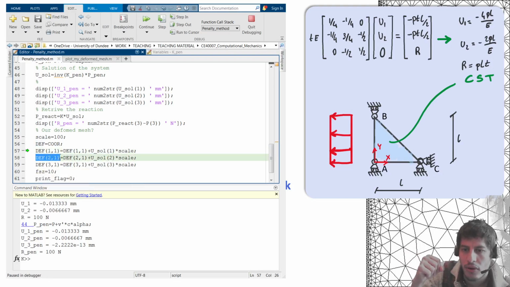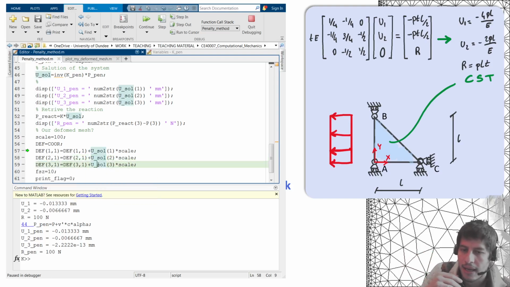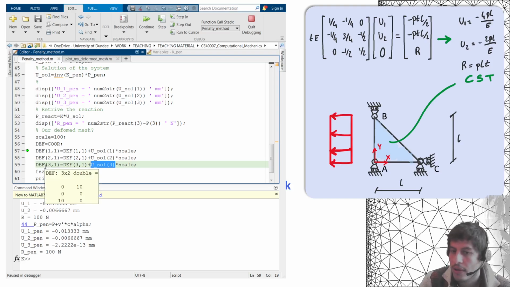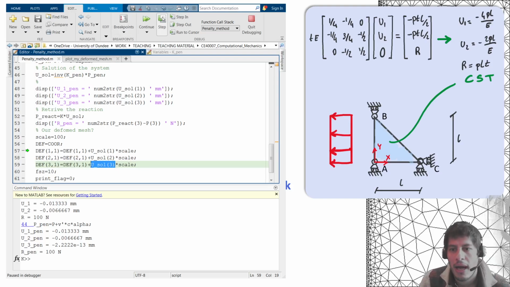And then the position of node 2, so point A, in the X has been changed by the displacement, and the position of node 3 in X has been changed. Well, the solution tells us that the displacement of point C in X is 0, so the deformed should be as the initial one, and in fact this term is 0. So I basically find the position of the deformed nodes, so of the nodes in the deformed mesh.